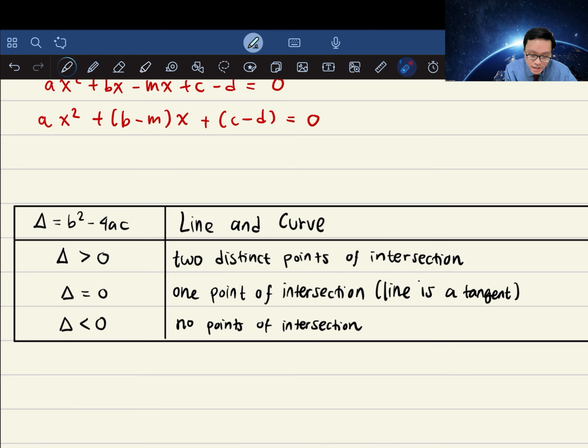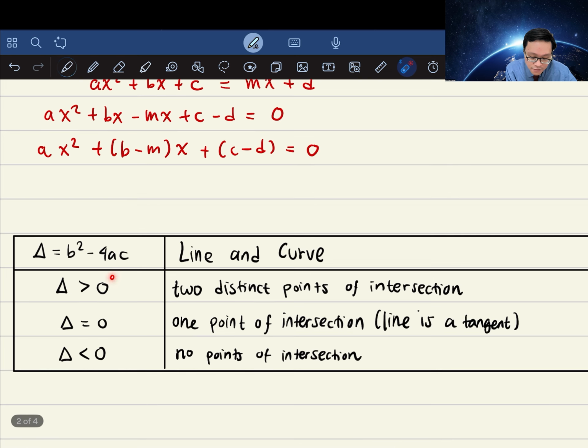Using the same idea, if the discriminant is more than 0, you have two distinct points of intersection. If the discriminant is equal to 0, you only have one point of intersection, or we call it the line is a tangent. If the discriminant is less than 0, there are no points of intersection at all. So these three conditions are very useful to solve the past paper questions that we are going to discuss after this.